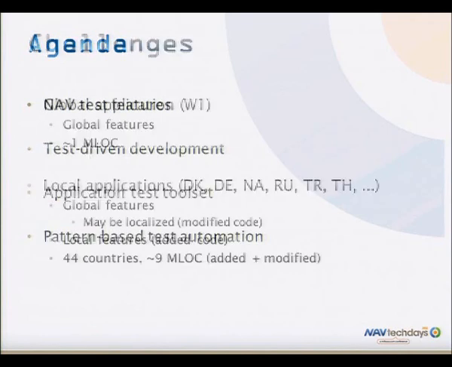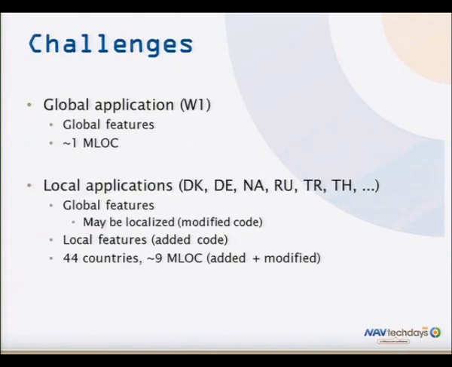So let's get started. I want to talk a bit about what is challenging for us and why we need some of this. Our application that we deliver with the product, the global version, contains all the global features. This application is around 1 million lines of code.